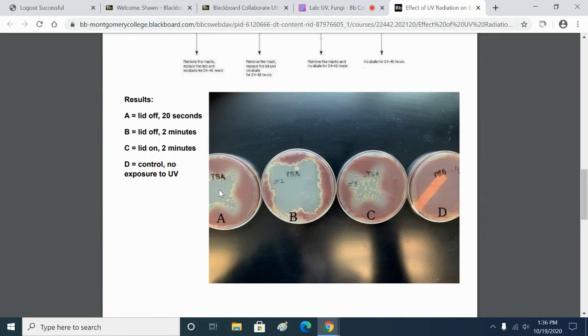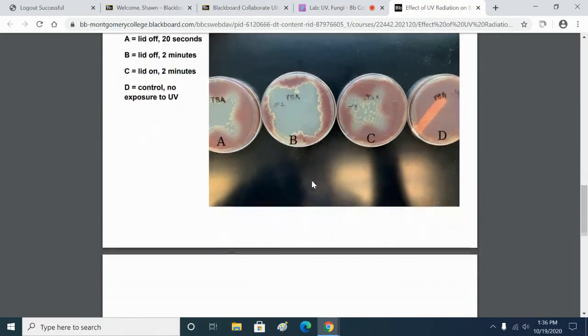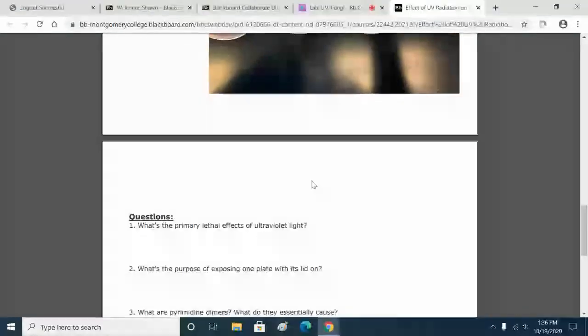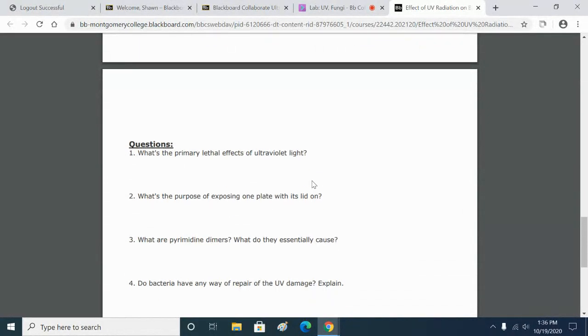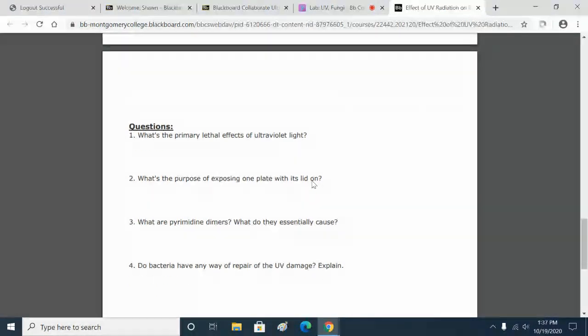So any questions on the results? So what's the primary lethal effect of UV light? What does it cause? Mutation.